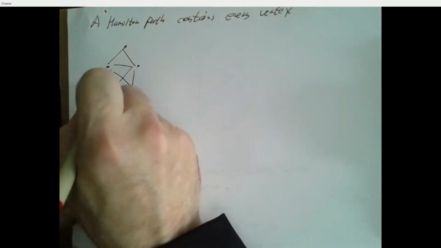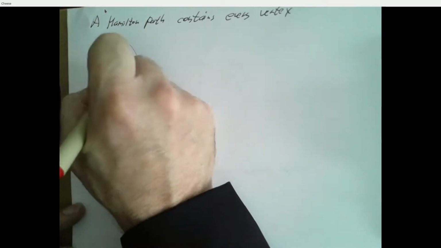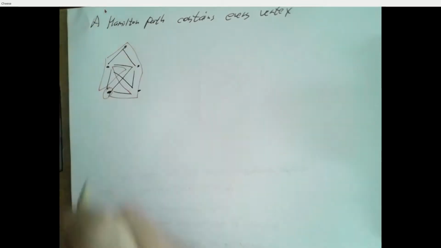So this one, we can start here. We can go over. So that's got a Hamilton path. Is that to say it contains every vertex once? Good question. Yes.